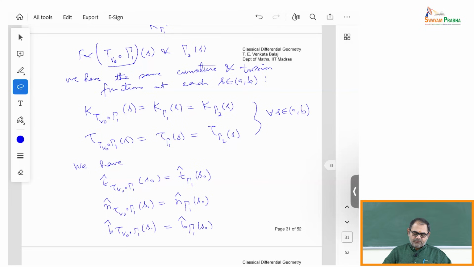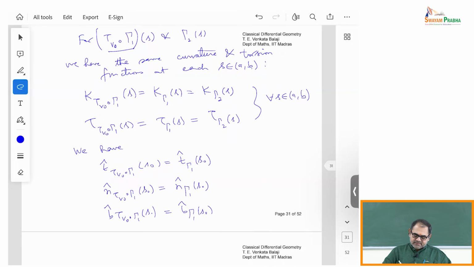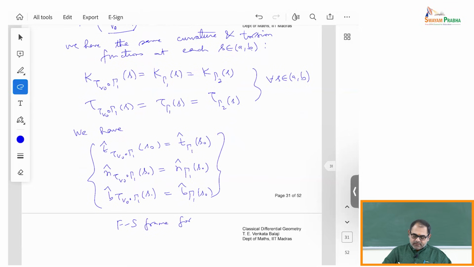This is the Frenet-Serret frame for T_v0 circle gamma 1 at s naught.